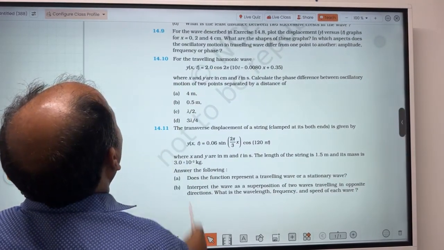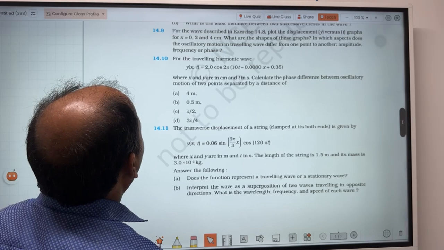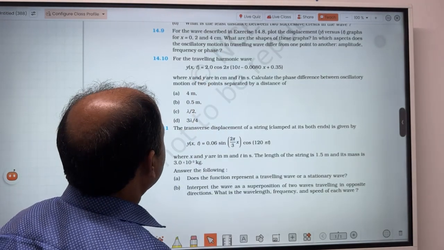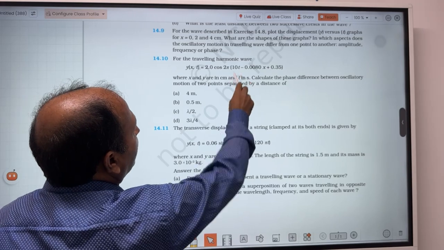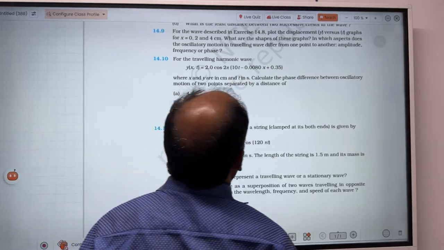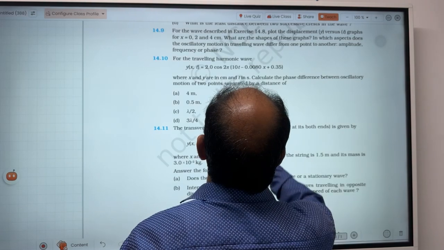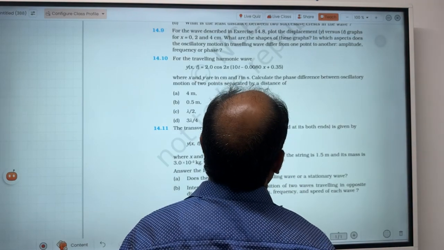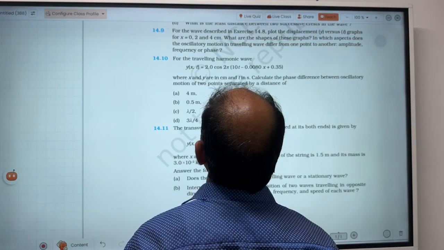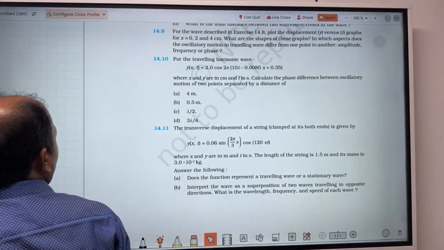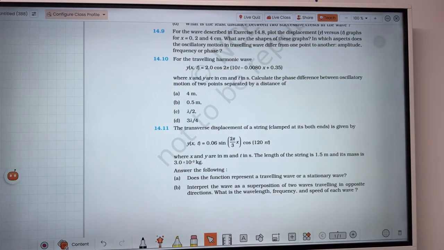We are going to discuss question number 10. For the traveling harmonic wave y as a function of x and t, y = 2 cos 2π(10t − 0.0080x + 0.35), where x and y are in centimeter and t is in second. Calculate the phase difference between oscillatory motion of two points separated by a distance. So here we have to find the phase difference, right?